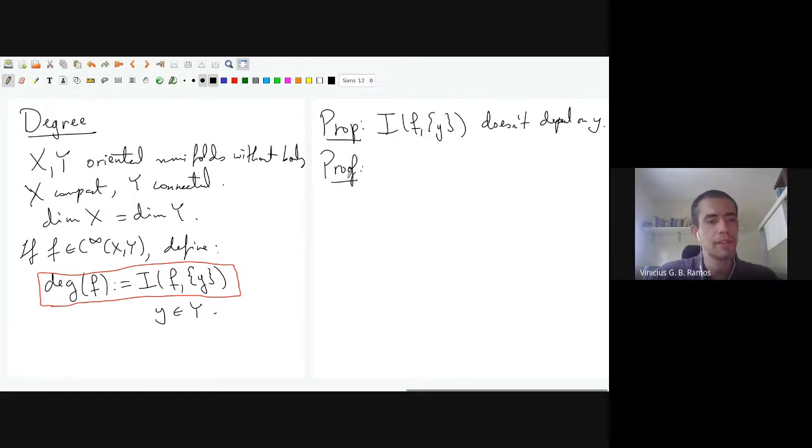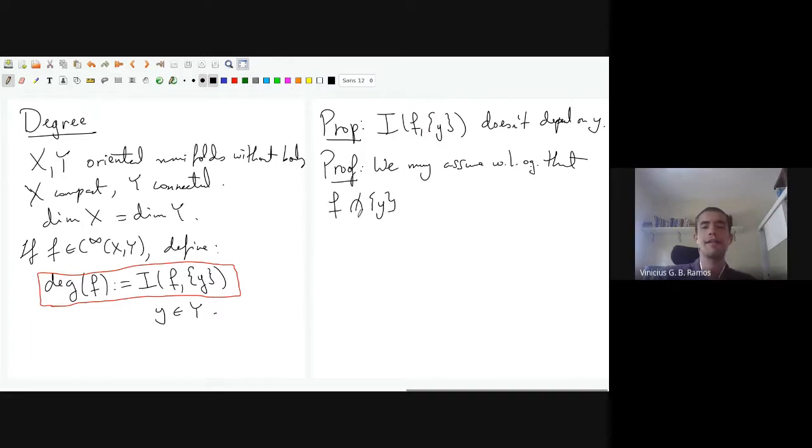Okay, so how do you prove that? First of all, we may assume without loss of generality that f is transverse to y. In other words, that y is a regular value for f. And that's just because of the Thom transversality theorem. If it's not, then you can perturb it a little bit to something homotopic that will be transverse to y.